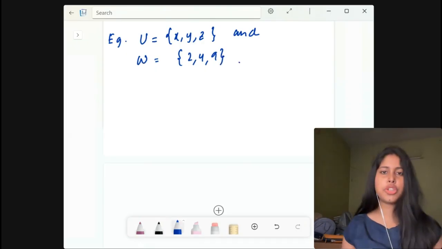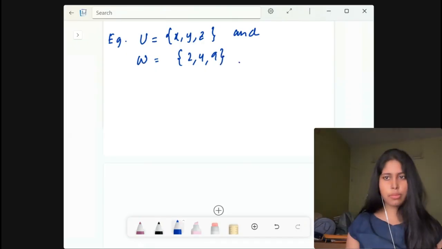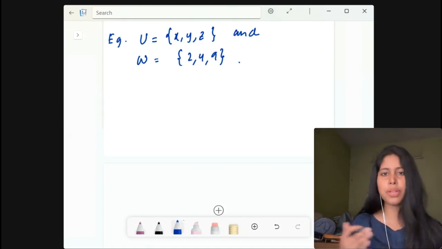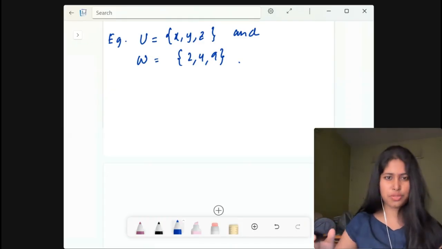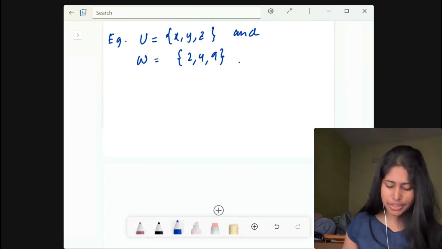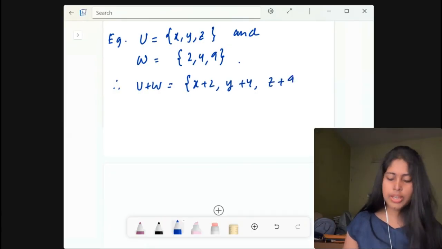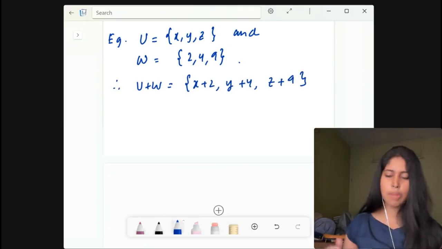Now, if I ask you what will be U plus W, then what do you write? You will write (x plus 2, y plus 4, z plus 9), and that is it. That is just element wise addition. Okay, easy. You will write U plus W is equal to (x plus 2, y plus 4, z plus 9). Now, this set is called the linear sum of subspaces.